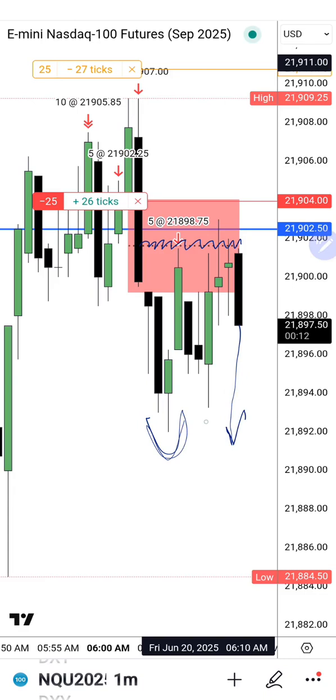And we have this sell side imbalance, buy side inefficiency with the volume imbalance that price is utilizing right now. So let me just add that, and we'll put the consequent encroachment level in it.